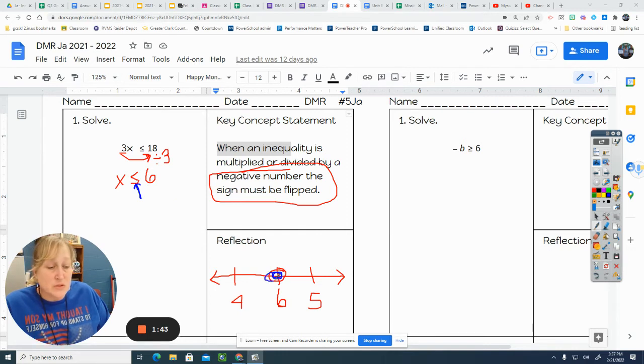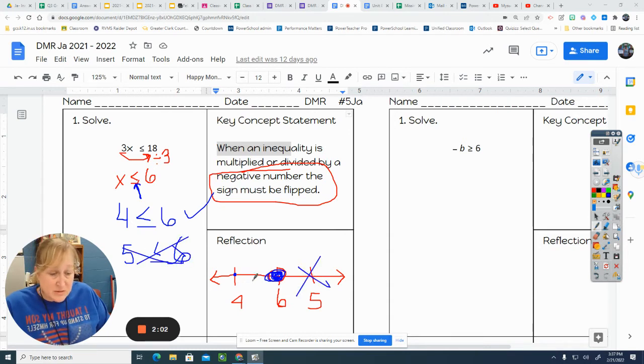Since it is equal to, you have to fill this in. And now you have to test your numbers. Is 4 less than or equal to 6? Yes, so this will be a good one. Is 5 less than or equal to 6? No, so this is not. So your line has to go this way.